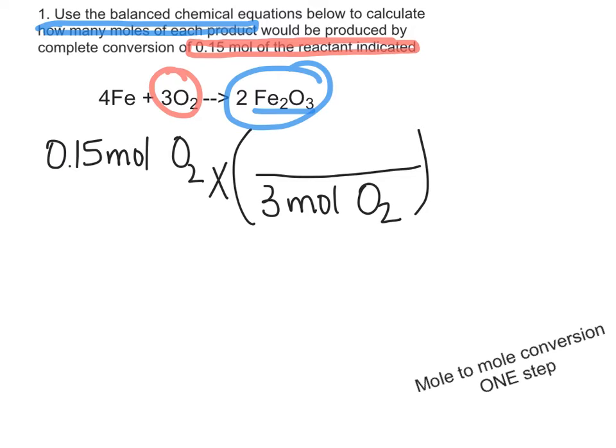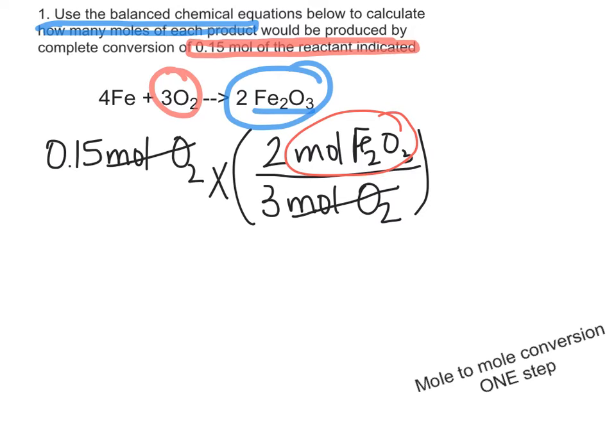So I'm going to write my 2 moles of iron oxide, Fe2O3. So my moles of oxygen gas cancel out. Remember, like cancels like.